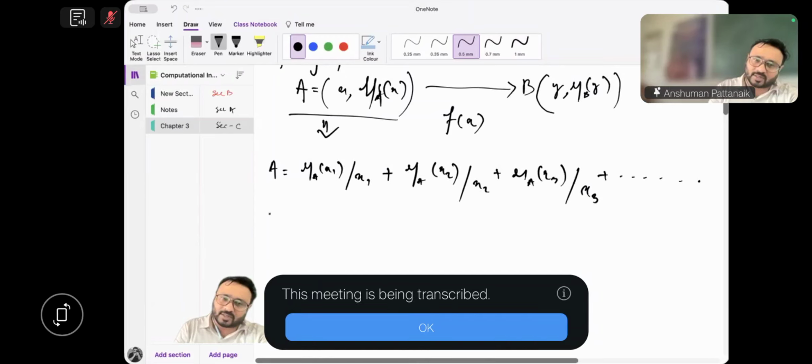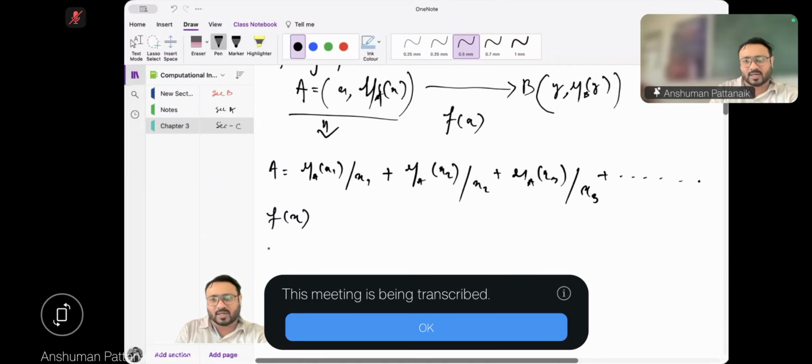If I have some f of x, then I have to write B such a way that this f of x will reflect here and it will produce y1, y2, y3 and all. Let me rewrite B as A with implication to f of x. How?